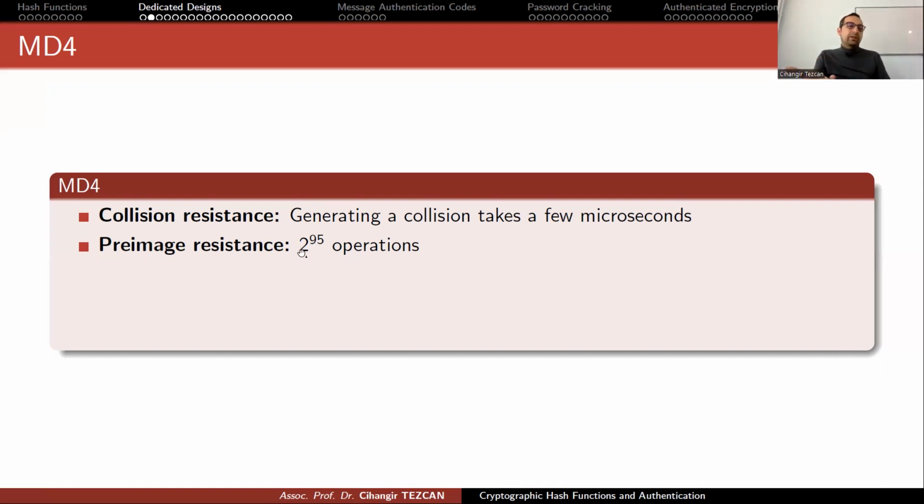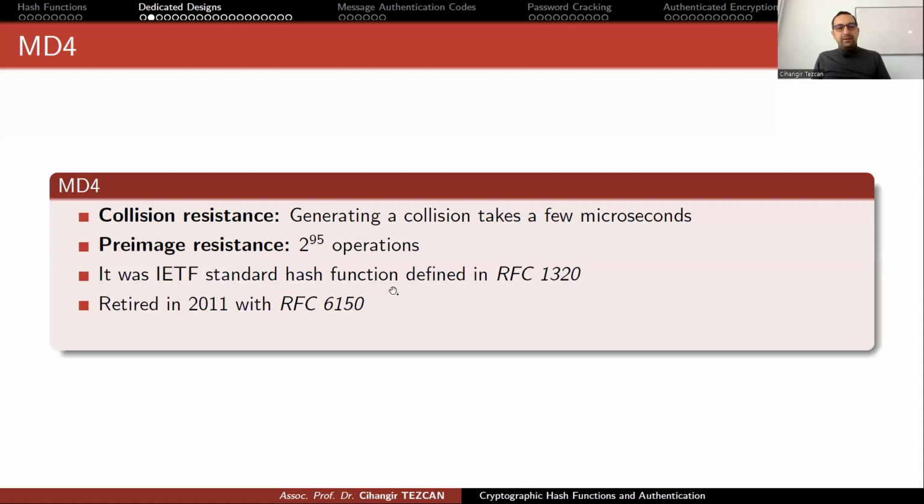It might look like it is secure for preimage, but actually, since nobody has analyzed it for a very long time, there may be a lot better attacks. It was a standard for a long time, but retired in 2011 with RFC 6150. As you can see, although it was broken, people kept using it for a very long time. It influenced many other designs like MD5, SHA1, SHA2, RIPEMD.